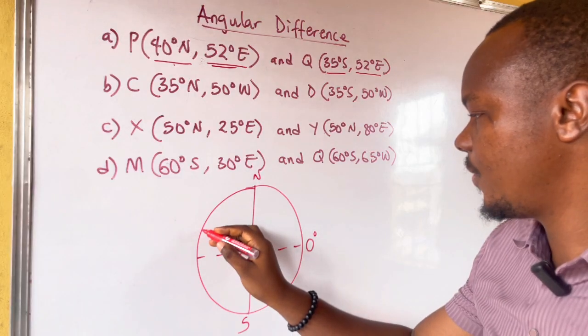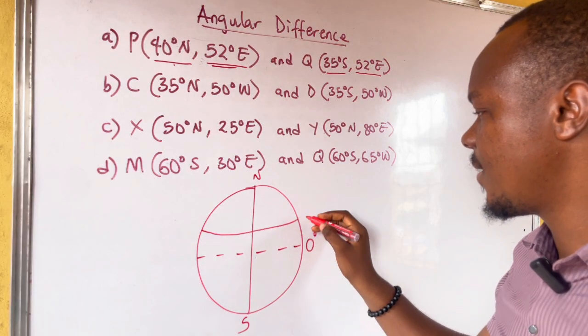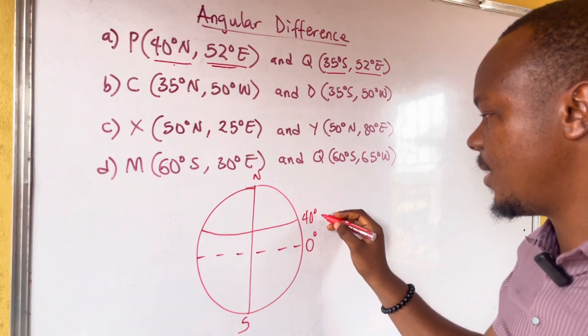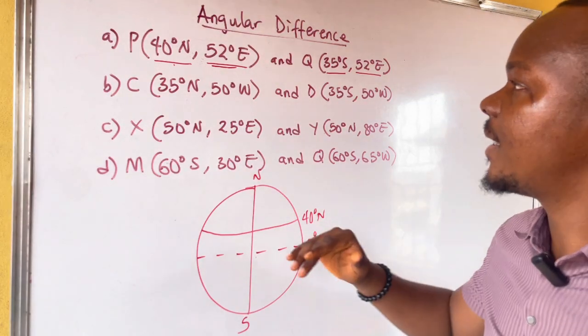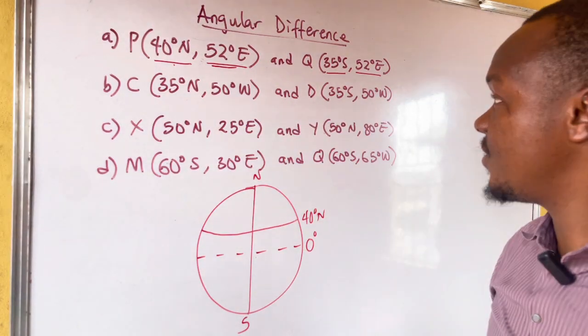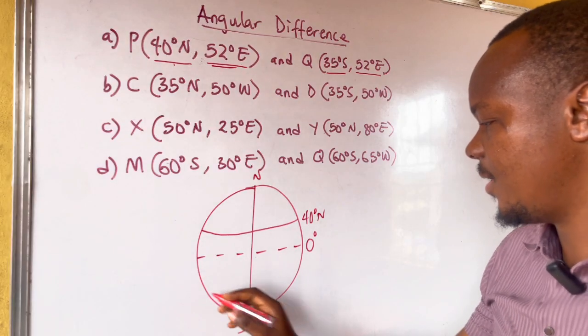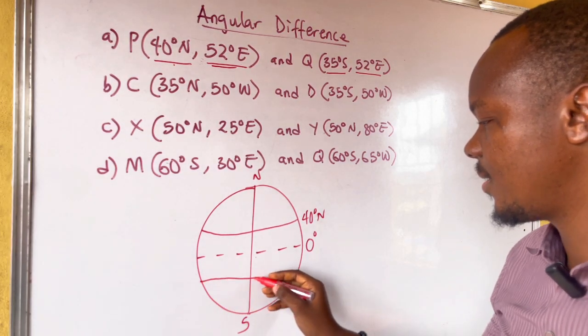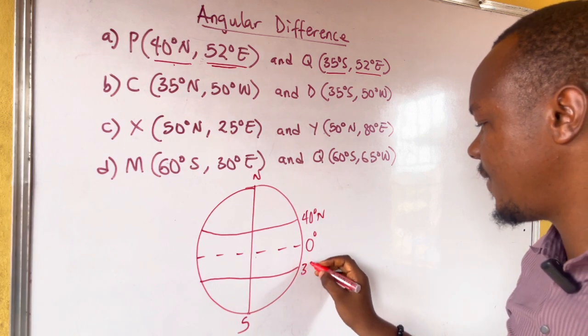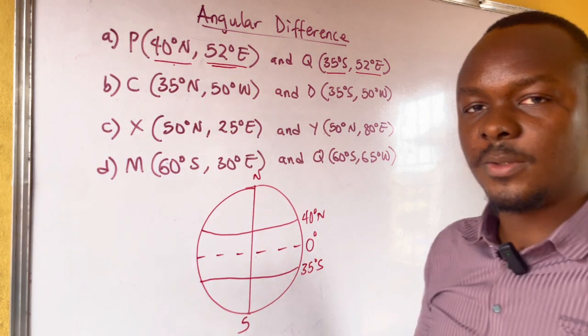So I'm going to draw your latitude line, 40 degrees north. I can write north or I can omit the north, but that is it. Then 35 degrees south. So from 0 down to here is 90. 35 degrees south, somewhere here.